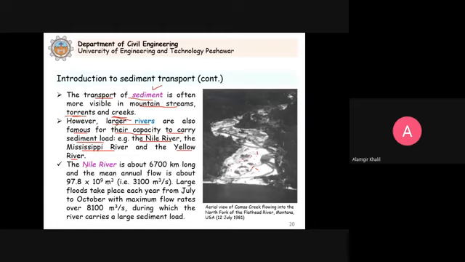The Nile River is about 6,700 kilometers long with a mean inflow of about 3,100 cubic meters per second. Large floods take place each year from July to October with maximum flow rates of this much, during which the river carries a large sediment load.